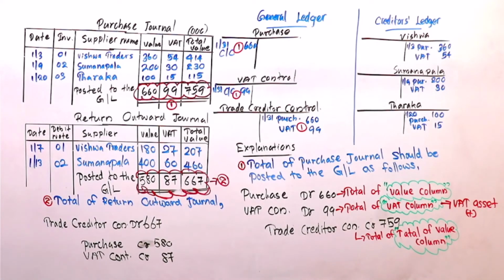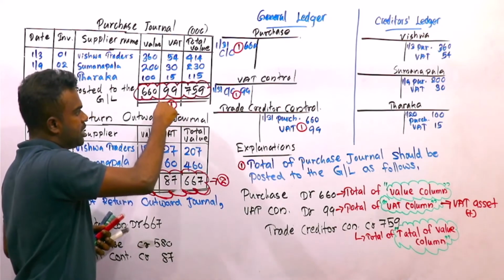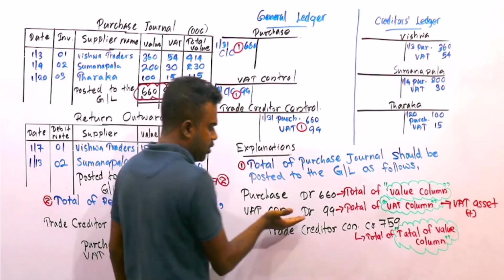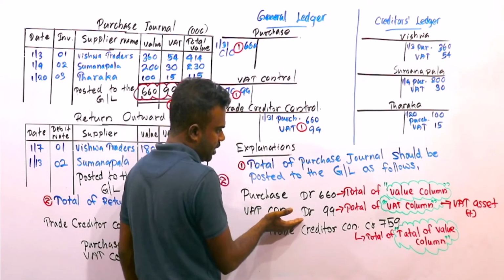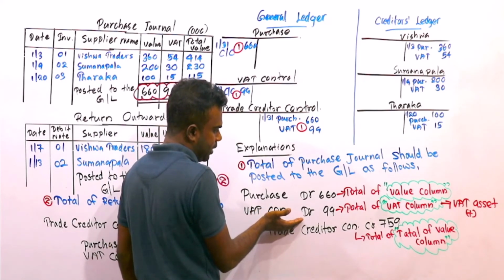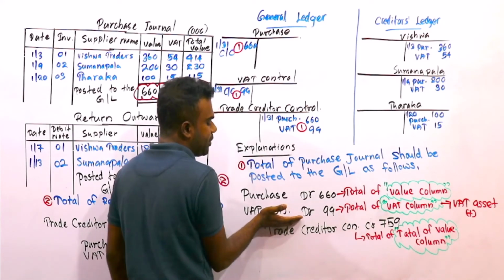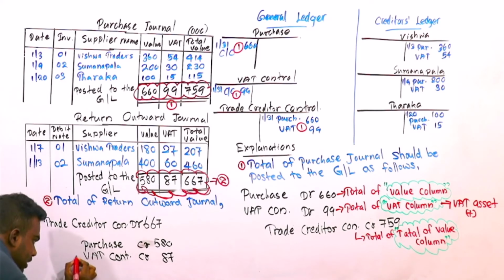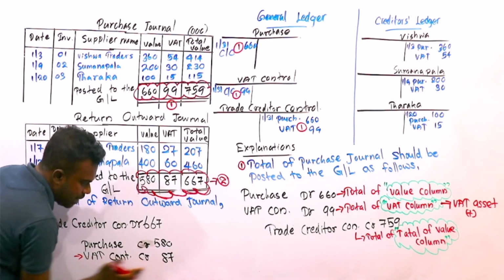667, right? Okay, so look at when purchasing, this 90,000 and this 90 VAT amount had been our asset. That's why we debited to VAT control. But when returning, our VAT asset decreases. Credit here is not because of a liability, right?